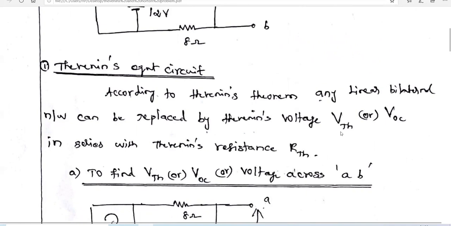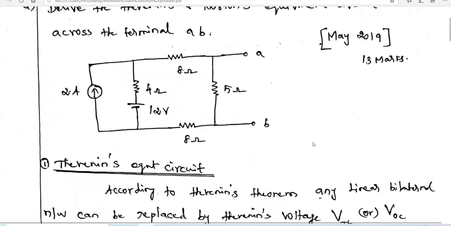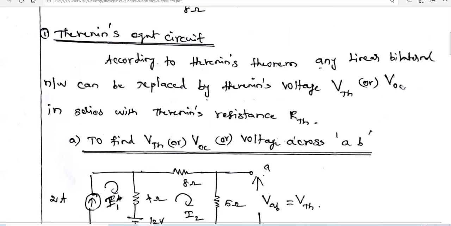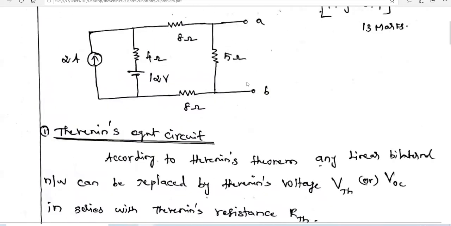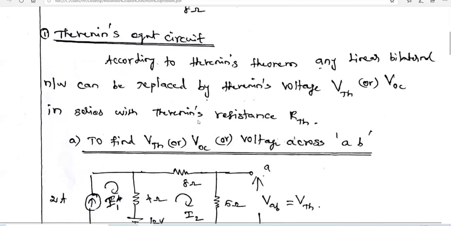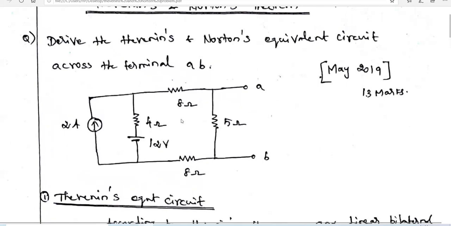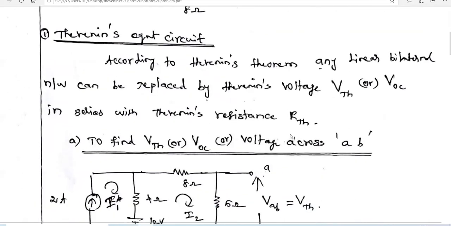The Thevenin's voltage is also called the open circuited voltage VOC across the terminals A and B. And RTH is the total equivalent resistance across the terminals A and B, called the Thevenin's resistance.